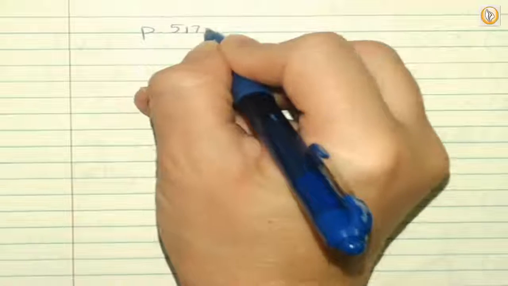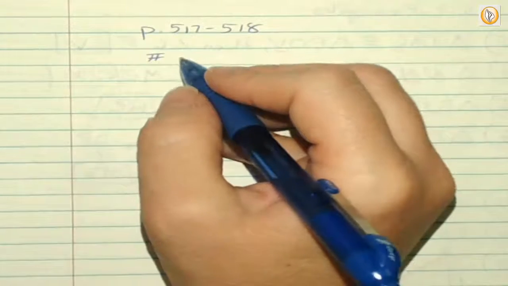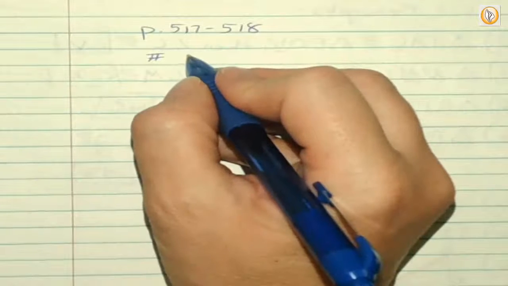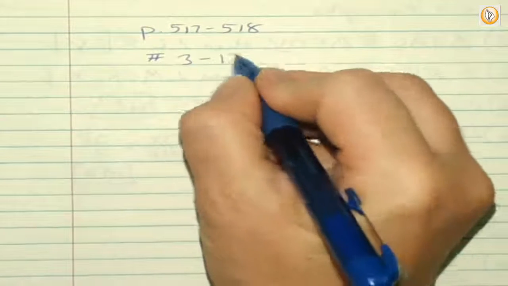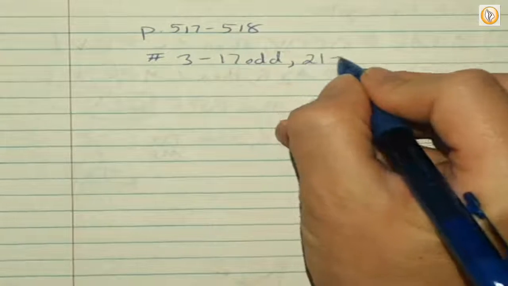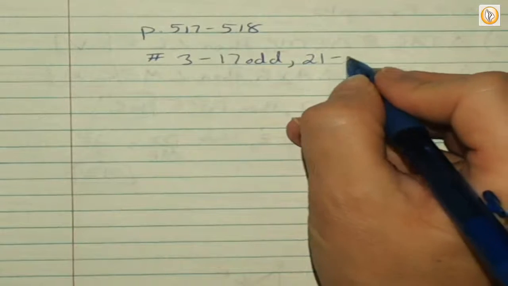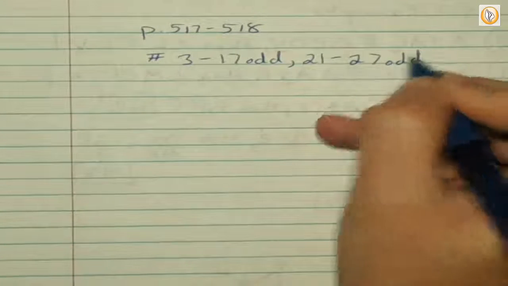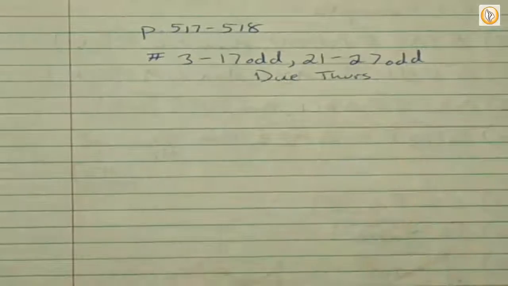Page 517 to 518. Numbers 3 through 17 odd. Then 21 to 27 odd. This is due Thursday. All right, get started.